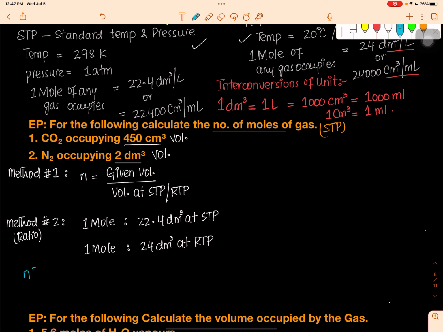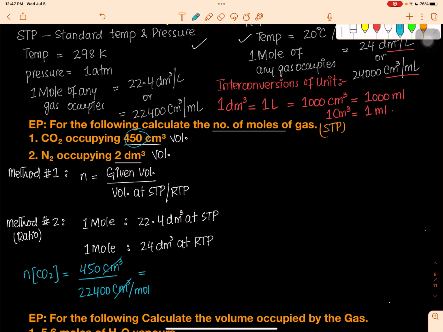Number of moles of carbon dioxide equals given volume, which is 450 cm cube, divided by 22,400 cm cube per mole, so cm cube is cancelled out by cm cube.